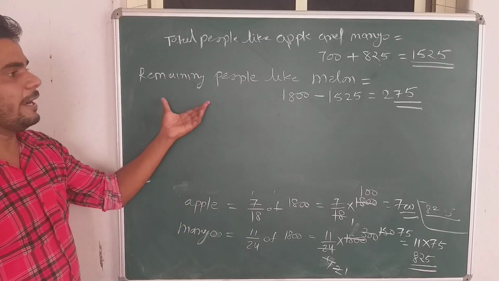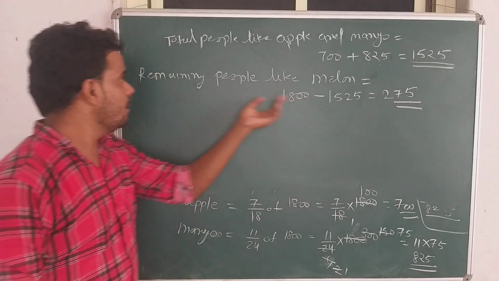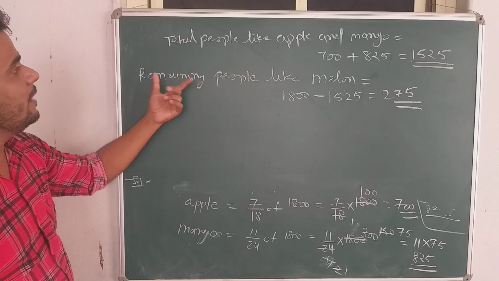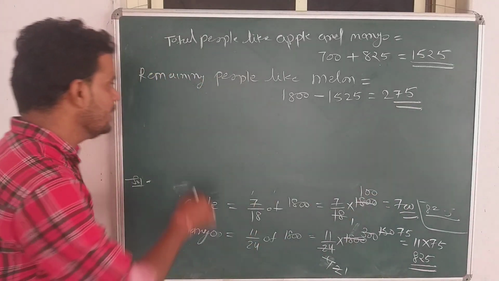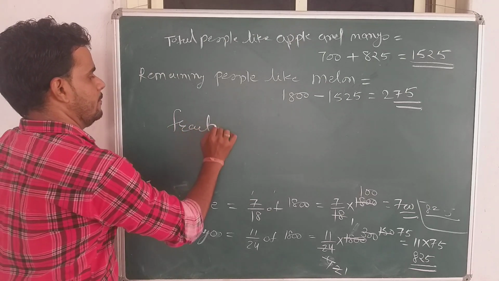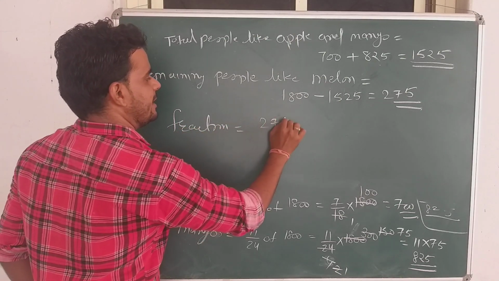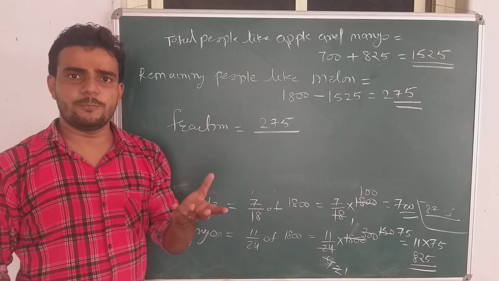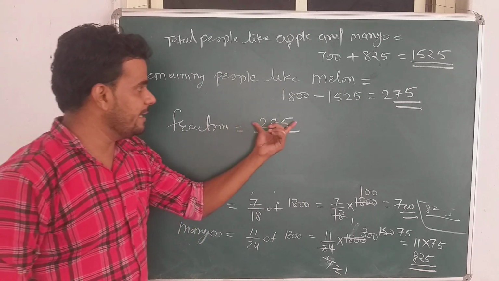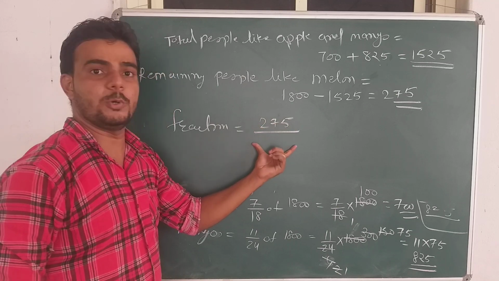Okay. Now we have to find the fraction for melon. So we know that the remaining people like melon. It means 275 people like melon. So the fraction is 275. When we find the fraction of any thing, we divide the number of that thing by the number of total things.